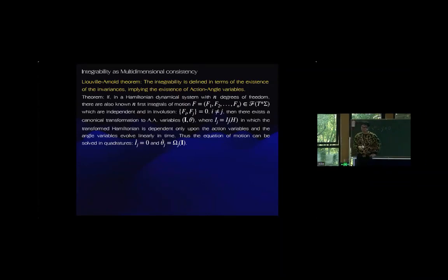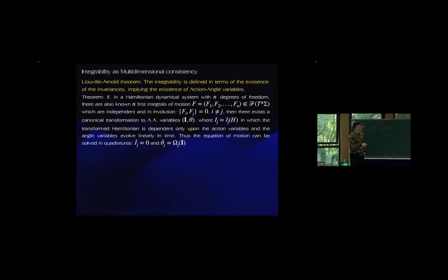We call that the Liouville-Arnold theorem. In this context, if we have a Hamiltonian system and we can find a set of invariants which are in involution and independent of each other, then there must exist a set of action-angle variables. With the existence of a set of action-angle variables, you can say that your system can be solved by quadrature. This means that your system is integrable.